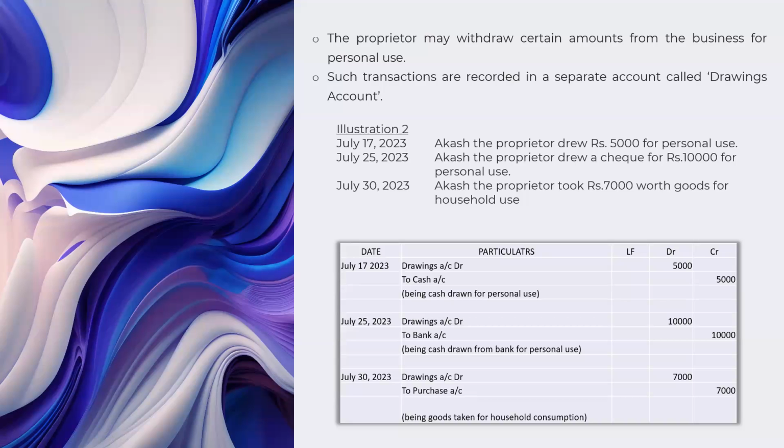So from the organization's view, the proprietor is another supplier, or a creditor or a debtor in some other means. Okay. So drawings account debtor to purchase account credit, 7,000, 7,000. And in narration, again clearly mention why it has been done, being goods taken for household consumption.